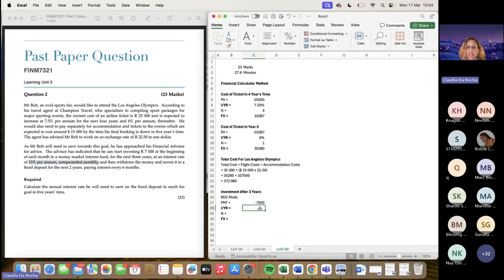Okay, so we have to say it is 15 divided by 12. Why are we saying 15 divided by 12? Because we are saying 15% compounded monthly, M is 12. Remember our formula, R divided by M. So rate divided by the compounding. Okay, which gives you 1.25.